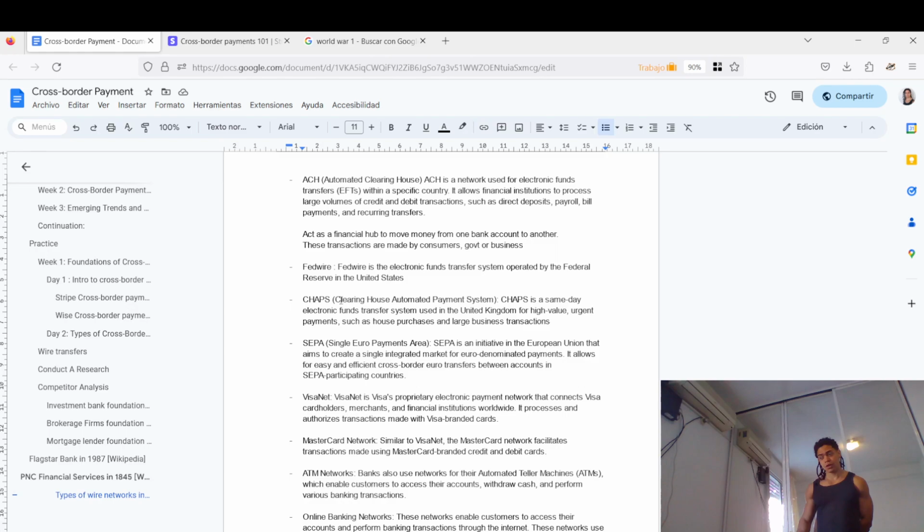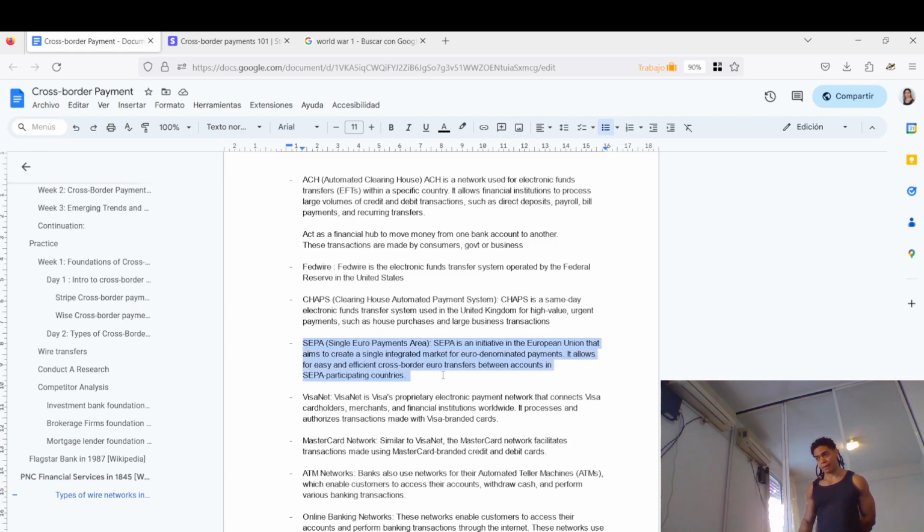With CHAPS, which is used in the UK to transfer large amounts such as house purchases or large business transactions. Interesting, this is in the UK. CHAPS, like chapitas.